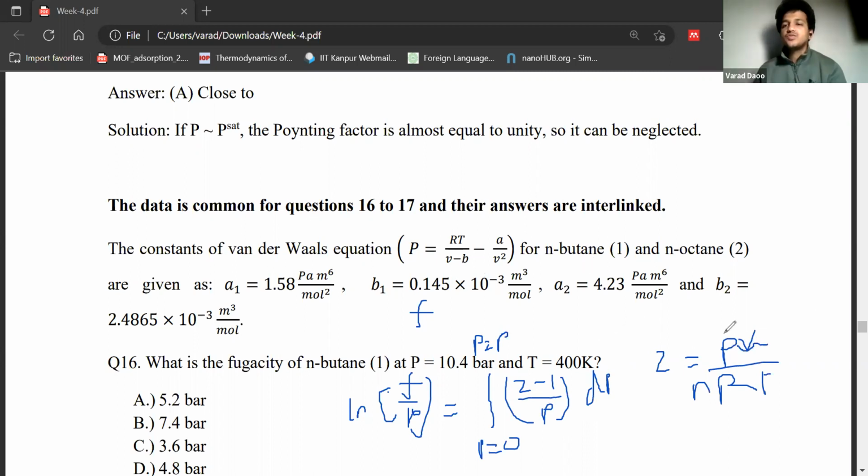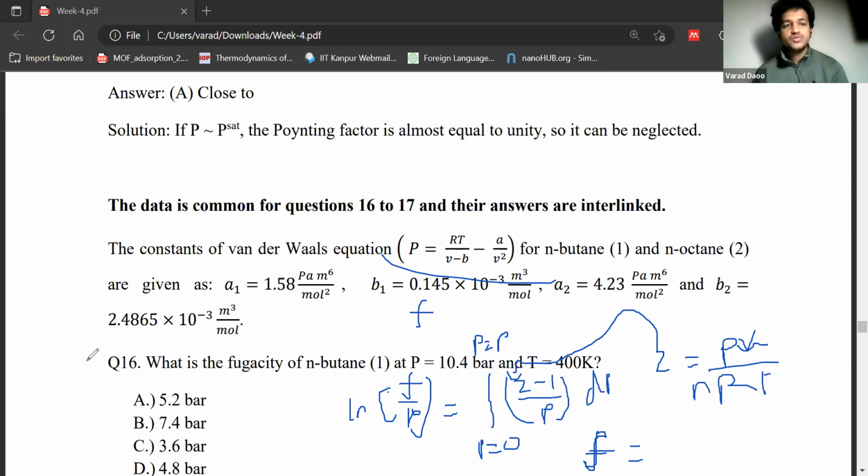Okay. So first, you rearrange this expression in this form, then you put this in here, and then you do the integration. Once you do the integration, you'll have the expression for ln of f by p. Then you can just take the exponential and rearrange. You'll get f. That is the expression for the fugacity, right? Once you get the expression for fugacity, you just have to put in these known values, and you'll be able to get it.